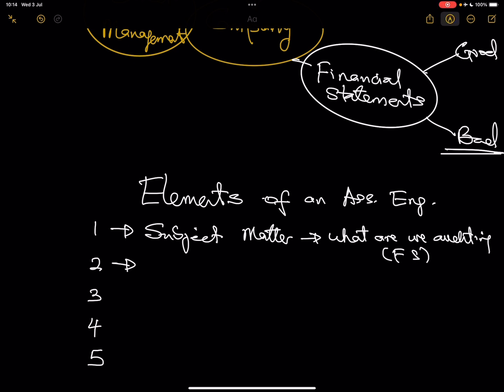Then you think about the people involved. Who are the people involved? There are 3 people involved in this. First of all, the shareholders who appointed the auditors.